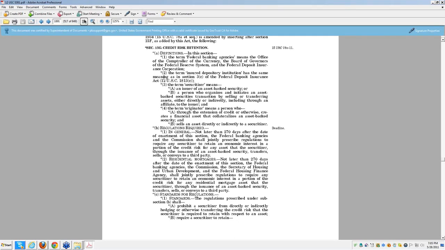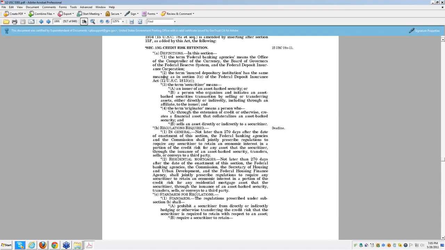And 4, the term originator means a person who, A, through the extension of credit or otherwise, creates a financial asset that collateralizes an asset-backed security, and B, sells an asset directly or indirectly to a securitizer.